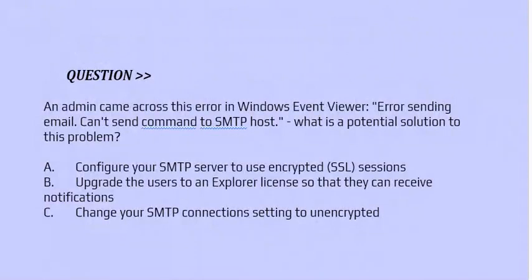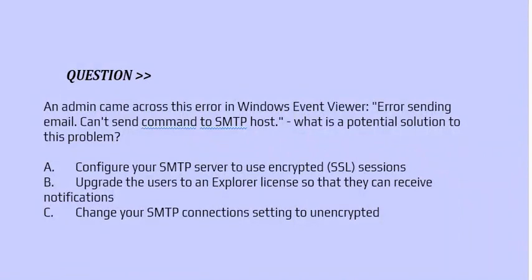Next question is, an admin came across this error in Windows Event Viewer. Error sending email, can't send command to SMTP host. What is a potential solution to this problem? Option A. Configure your SMTP server to use encrypted SSL sessions.